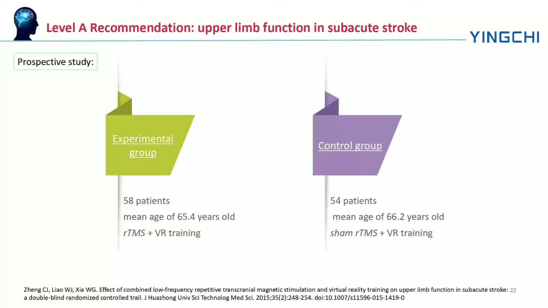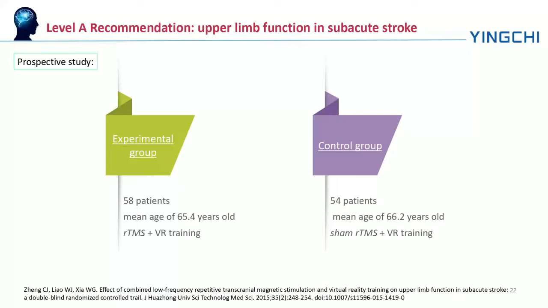And here is about using TMS to improve upper limb dysfunction in subacute stroke, which also won the level A recommendation in the therapeutic guidelines.